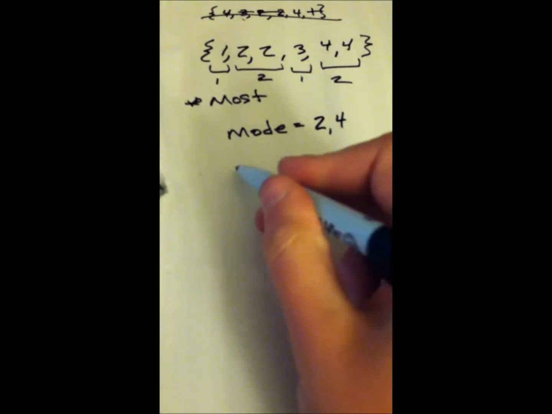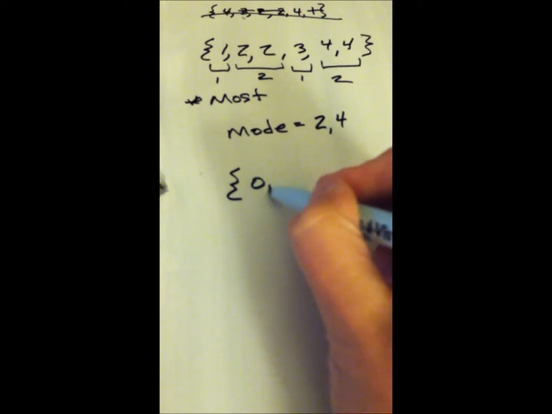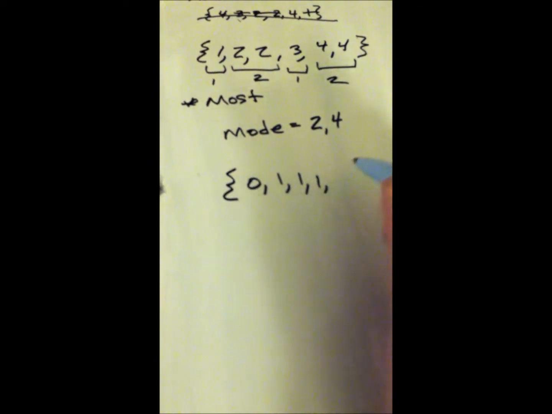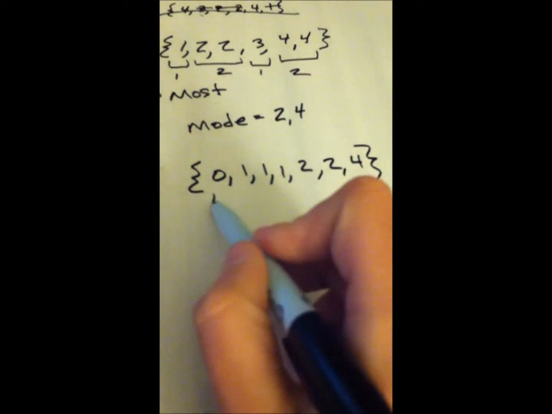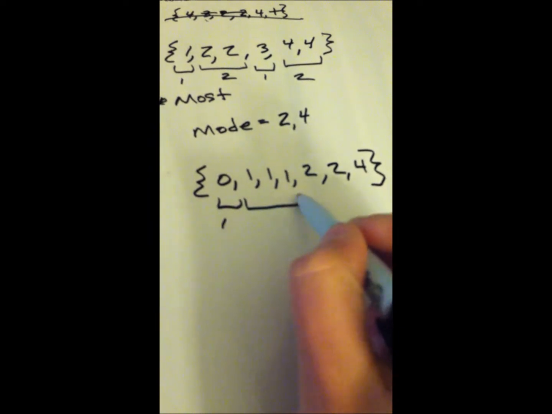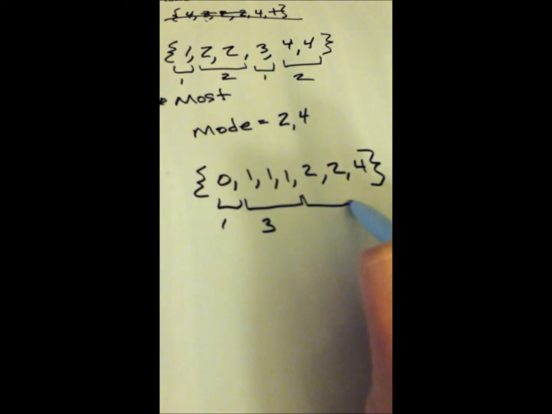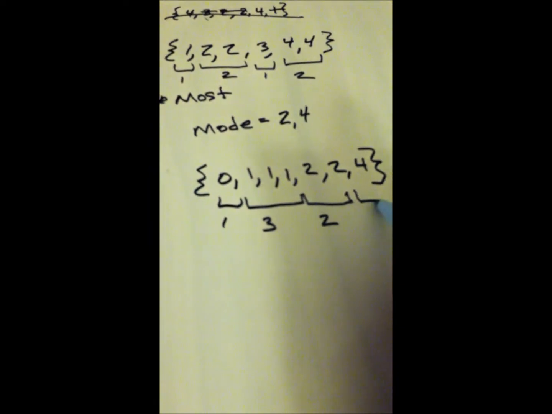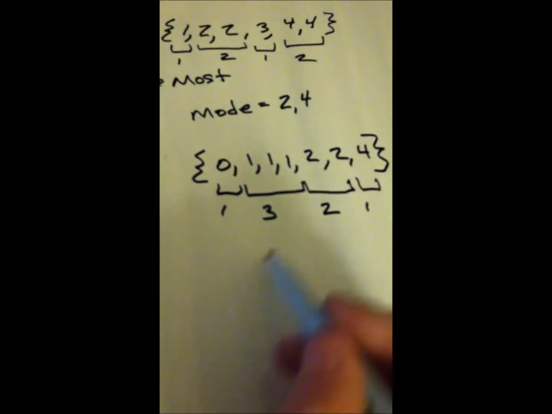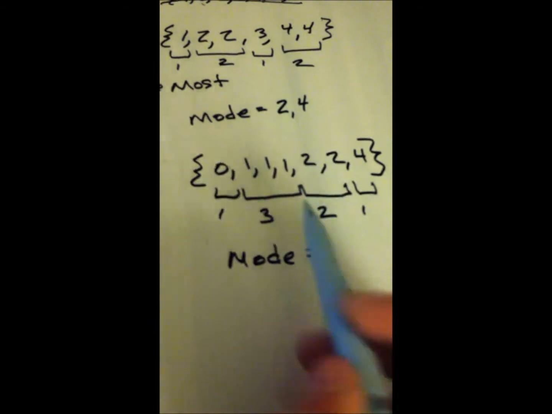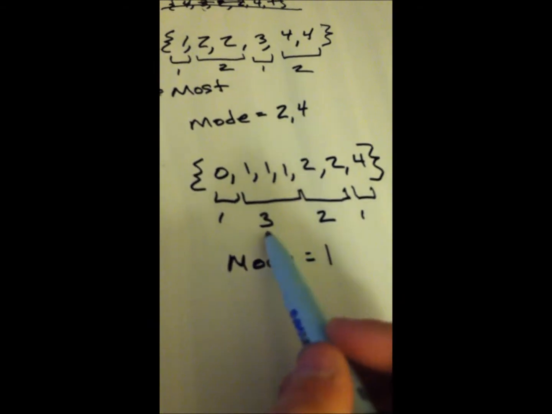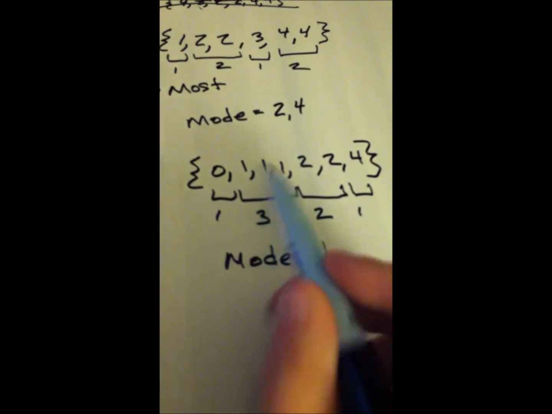If I had a situation where I had a data set that looked like this, 1, 1, 1, 2, 2, 4. In a situation like this, I have 3 1s, 2 2s, and 1 4. My mode would just be 1. Yes, there are 2 2s, but there are the most of the 1s.